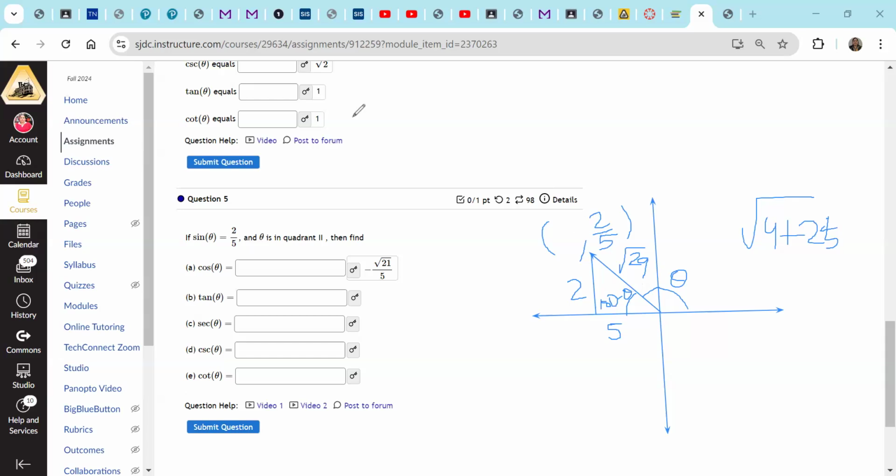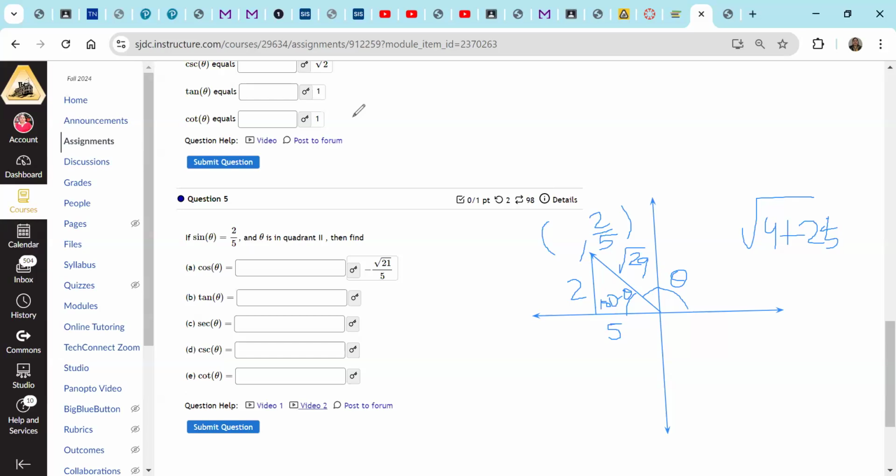So I'm going to refer back to one more thing to double check on this one. Theta is in the second quadrant. They're saying second quadrant, so the second quadrant would be the same location that we have. How come they have 21?